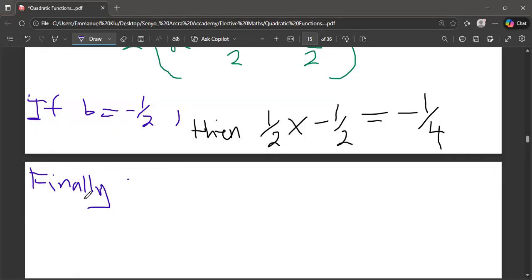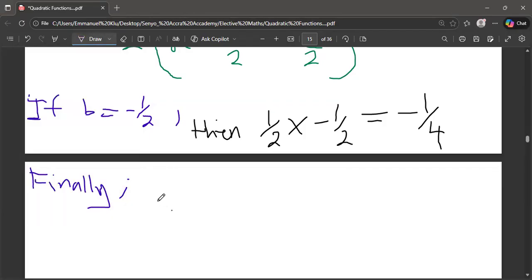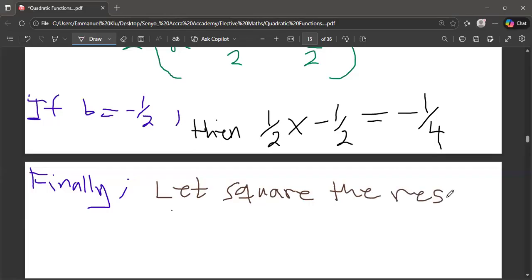If that is the case, we can say that finally, we are going to square our results. Okay. So finally, in this case, I'm not going to write so many English again. Finally, let's square the result. And the result we had is what?